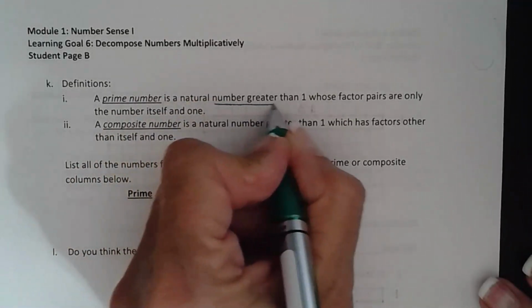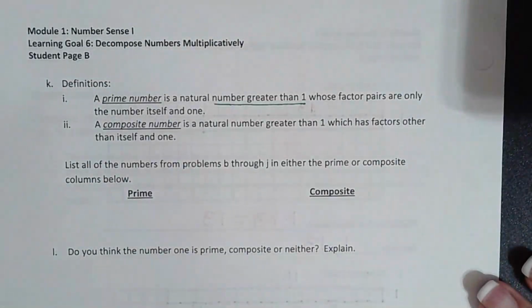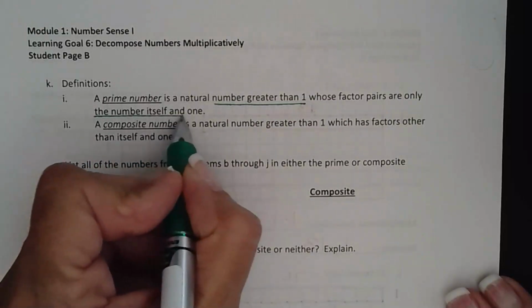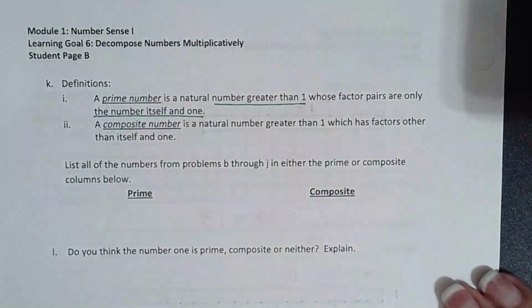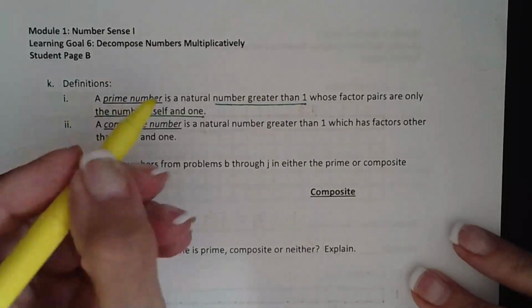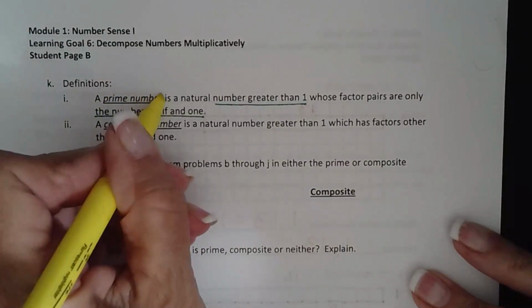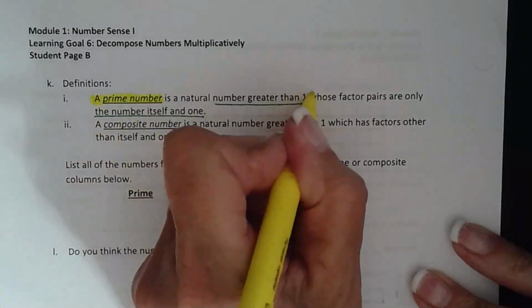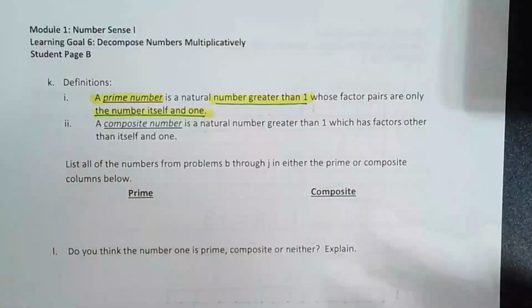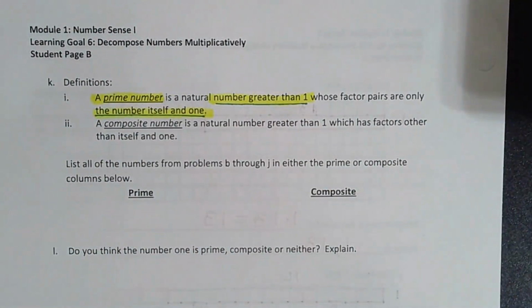A number greater than 1 whose factor pairs are only the number itself and 1. So let's use a highlighter. Prime number, it has to be greater than 1, and it only has 2 factors, 1 and itself.